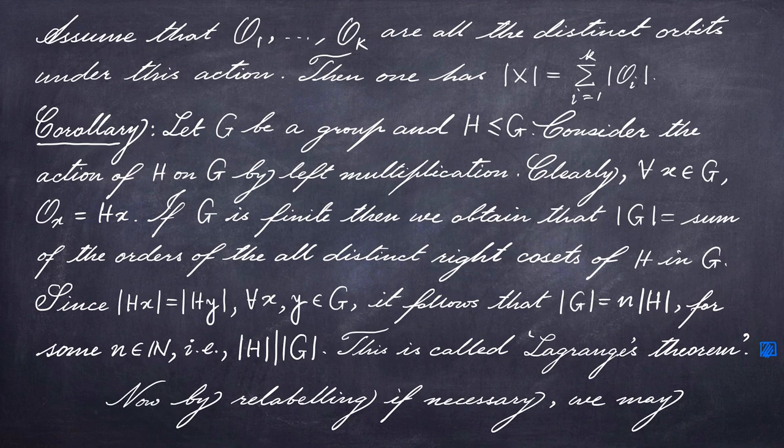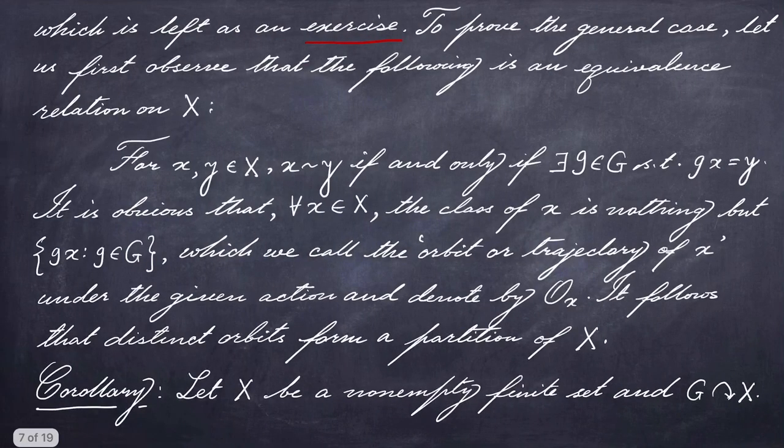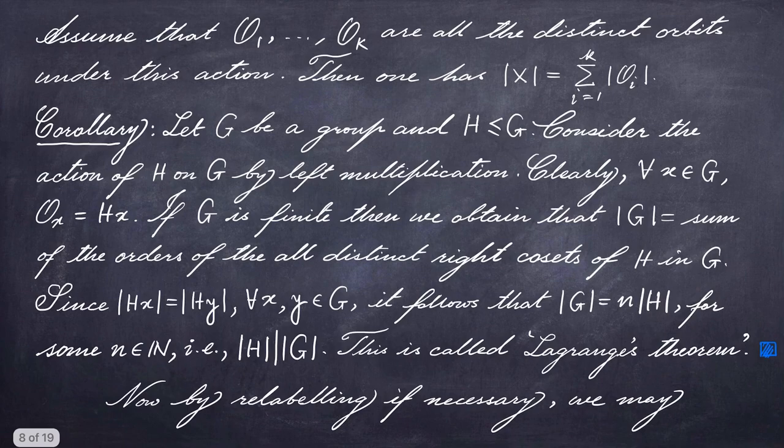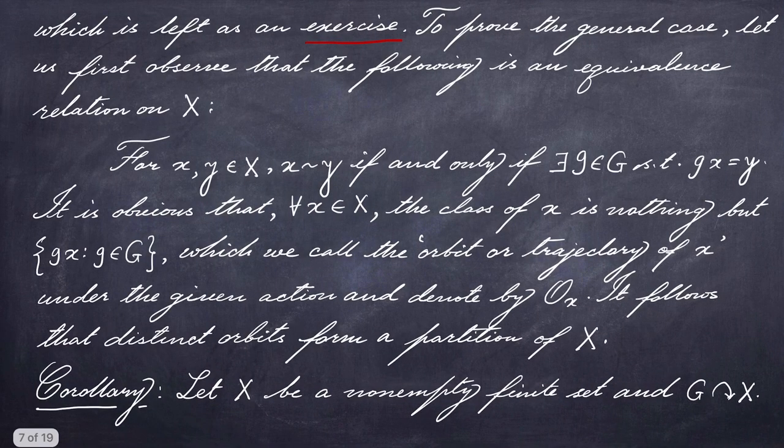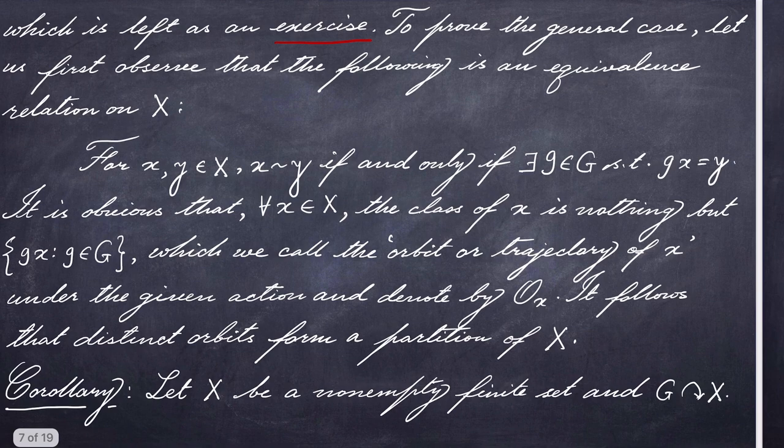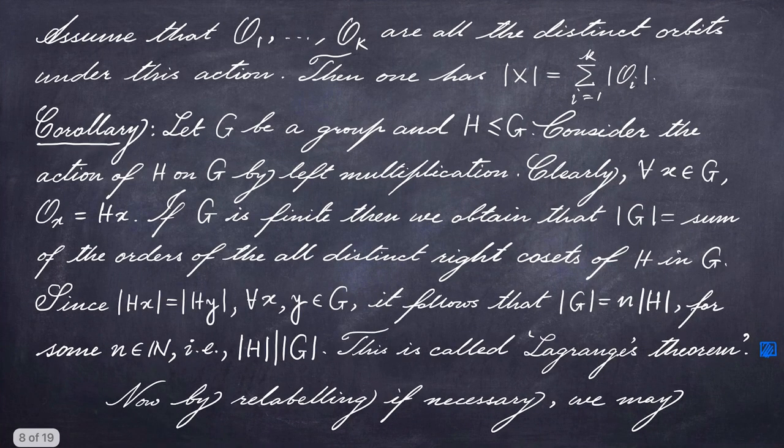Now let's get back to our main content. So for a general action, here also we will assume that X is finite. Now look at these orbits.